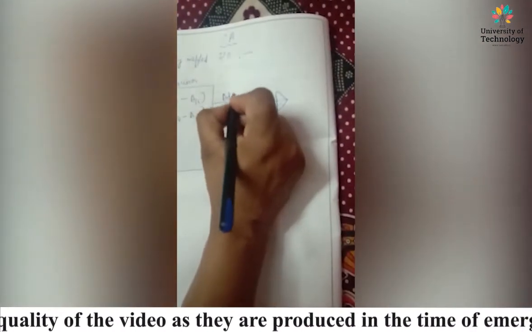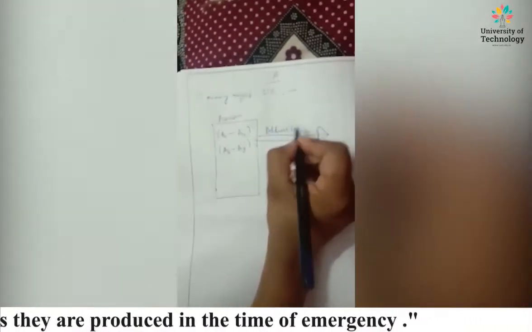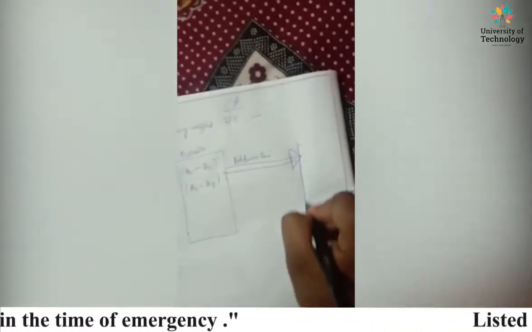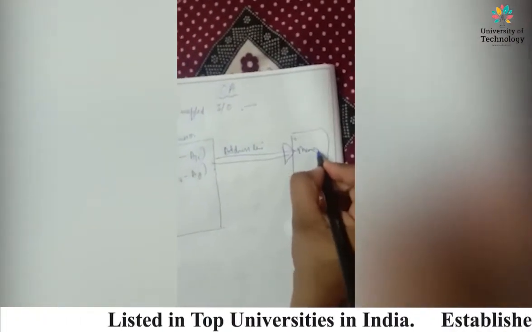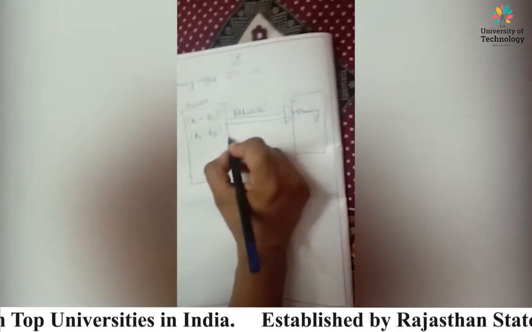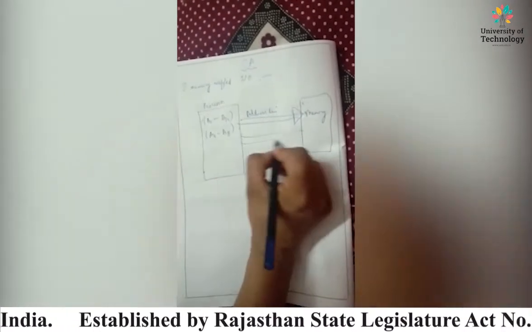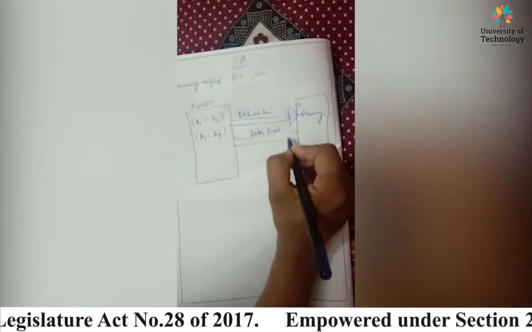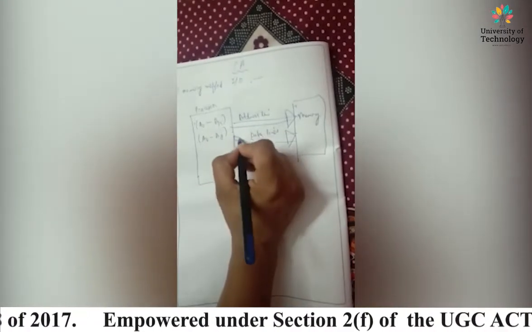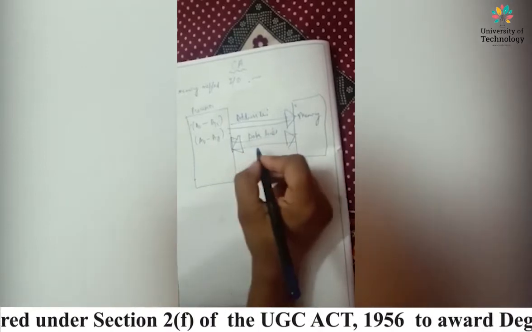This address line goes to memory, where we store the data. Then we have data lines. Data lines connect the processor to memory and memory to the processor. The arrow goes both ways.